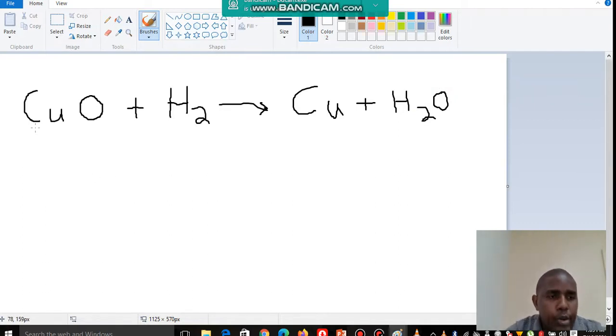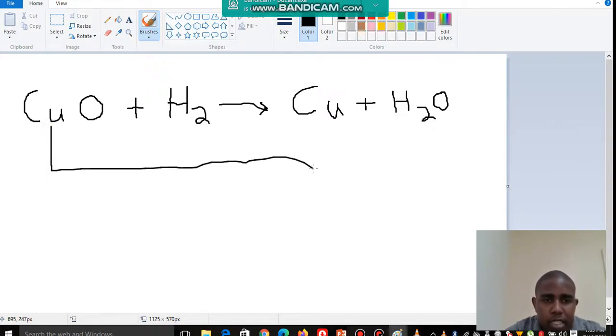So copper oxide has been converted to copper. The conversion from copper oxide to copper involved the following changes. First of all, there is loss of oxygen atoms, which is termed as what? As reduction.